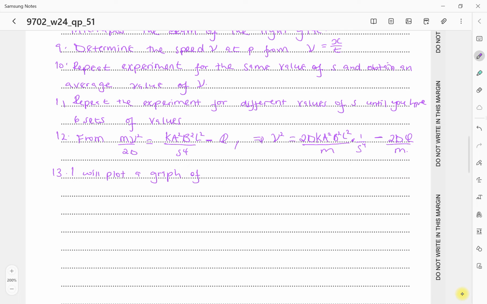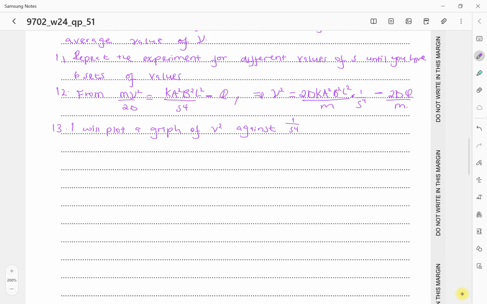So I will plot a graph of v squared against 1 over s to the power of 4. Of course, that is a straight line.